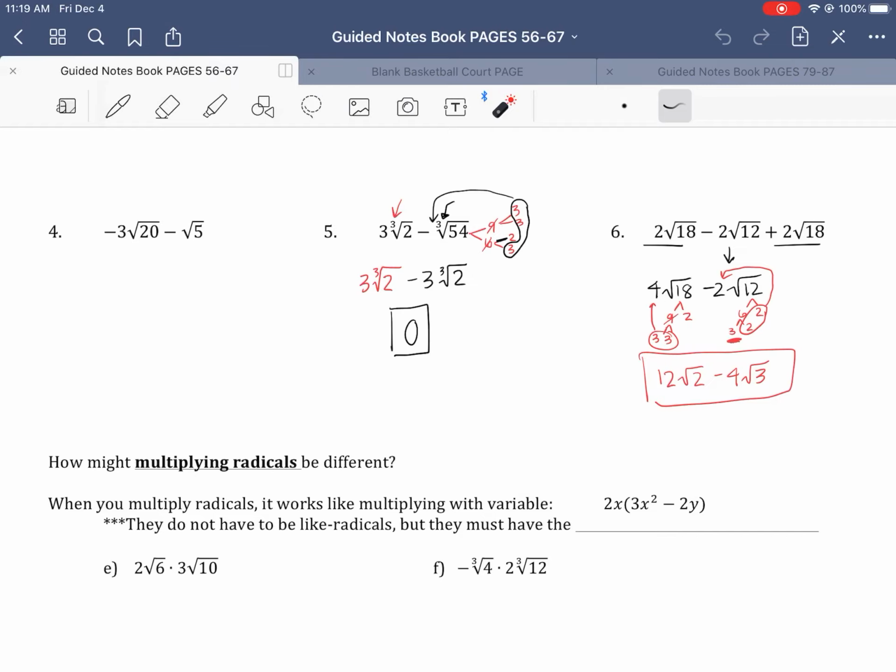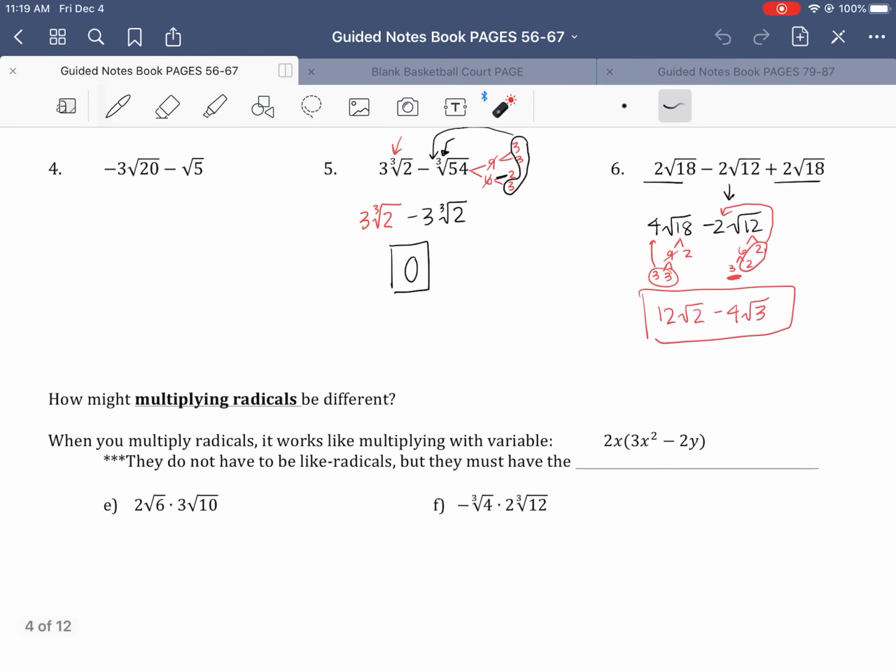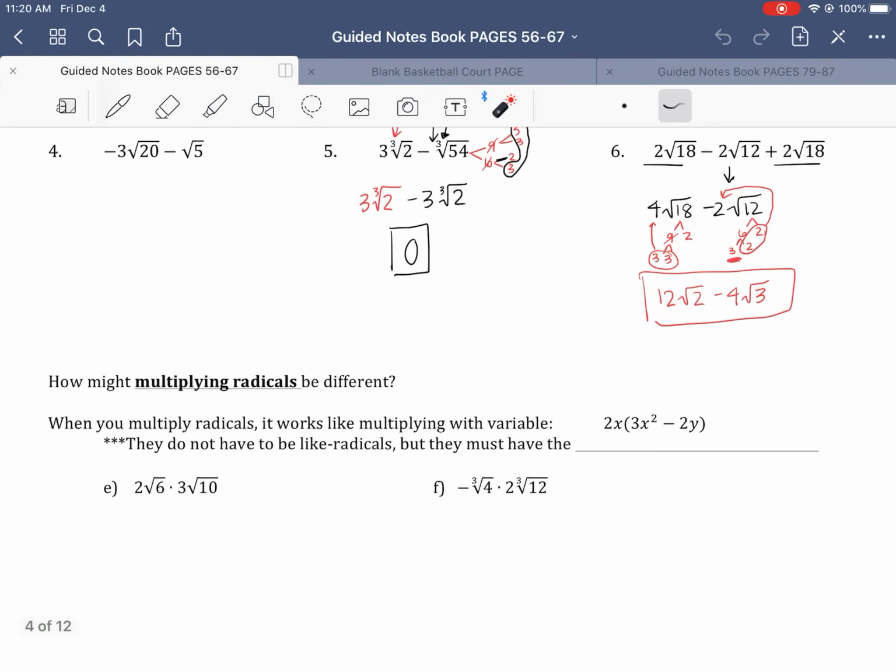Now, just like when you're adding like terms in polynomials, think about the difference when you're multiplying. Notice that when you multiply, or distribute, when we did this with polynomials, we multiplied the two front numbers, so this would be 6, and then x times x squared was x cubed. When you add like terms, let me put an example here.